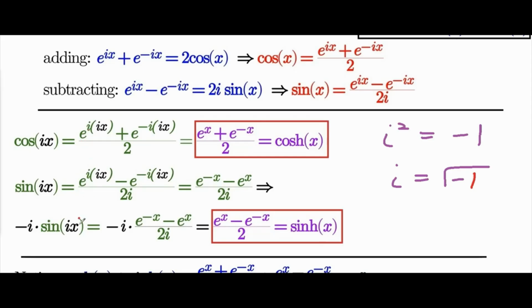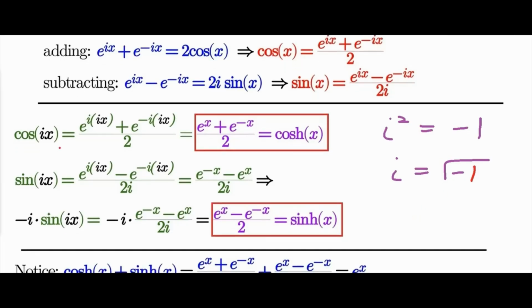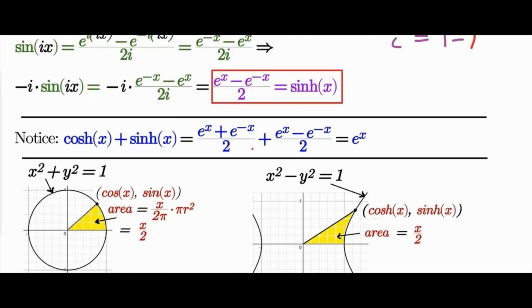One thing definitely worth noting is that cosine of ix is equal to cosh of just x, and -i sine of ix is equal to sinh of x. Another thing, cosh plus sinh equals e to the x. You can verify that for yourself here.